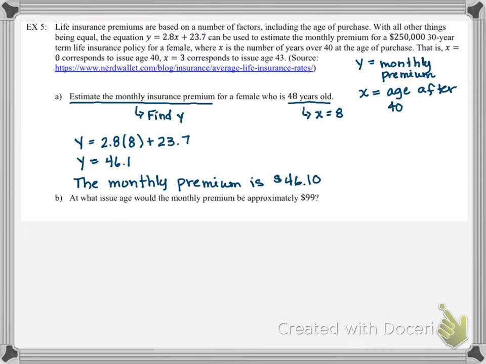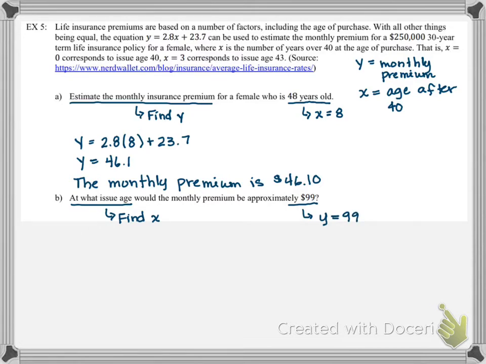Make sure you put units on there, so we want to put that dollar sign on there. And then the second piece asks for our issue age, so that means we are finding X, which means that they must have given me Y or some piece of information that would tell me Y. In this case, they just straight up gave it to us. Y equals 99.